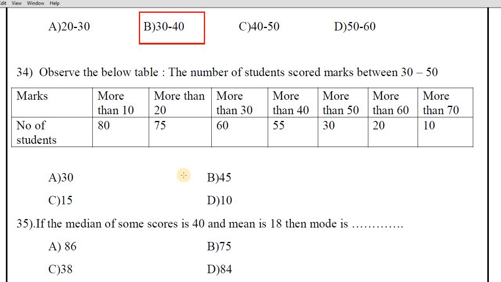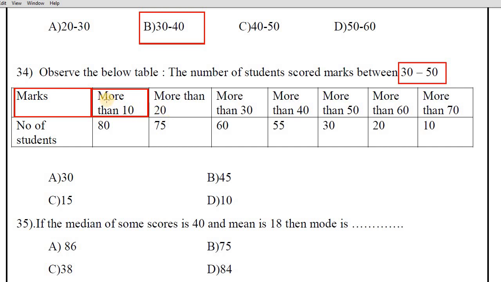Next, question number 34, children. Observe the below table. The number of students who scored marks between 30 to 50. But look at the given table, class intervals are not given, so you want to make the class intervals. How do you make them? See, they are saying more than 10, and the difference from 10 to 20 is 10.